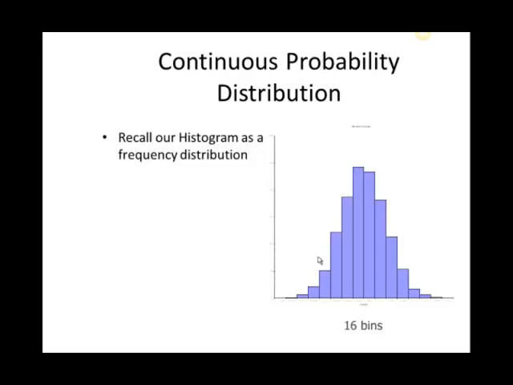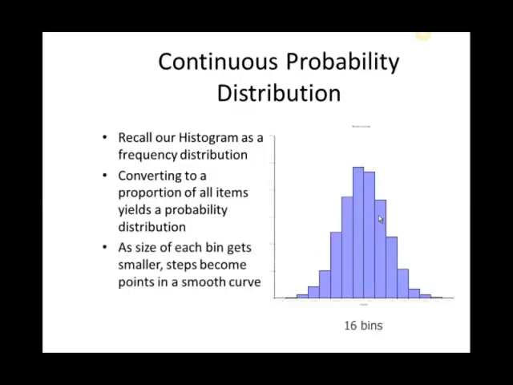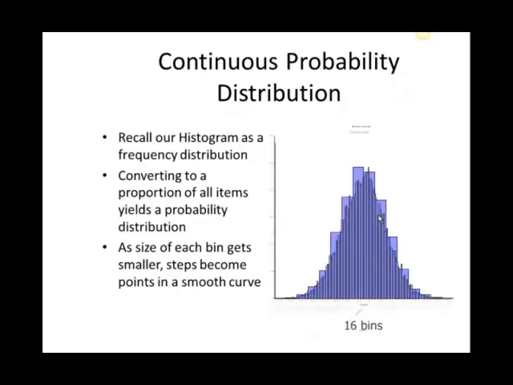This, again, is for a case that we made categoric in our histogram, and the same would hold if we were thinking about a distribution of a discrete numeric variable. So if we then convert these frequencies via relative frequencies to proportions, this becomes a graphical representation of the probability distribution. Now, as we go from discrete or categoric intervals down towards something continuous, what effectively happens is that the size, the width of each bin becomes smaller and smaller.